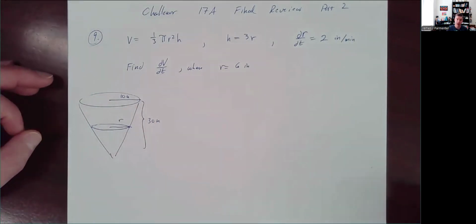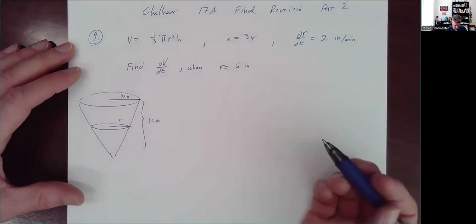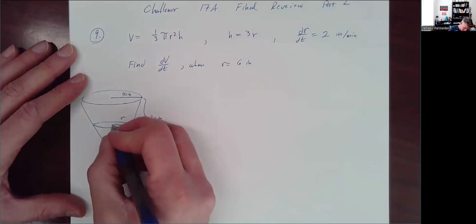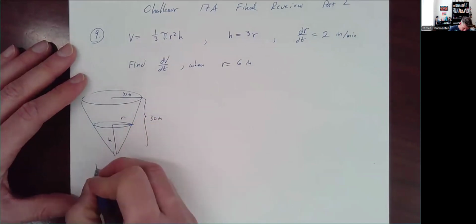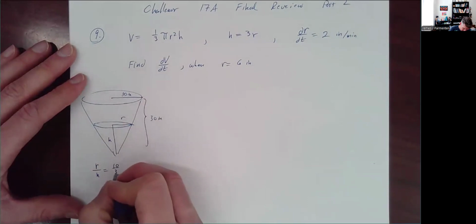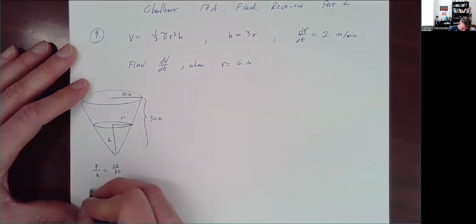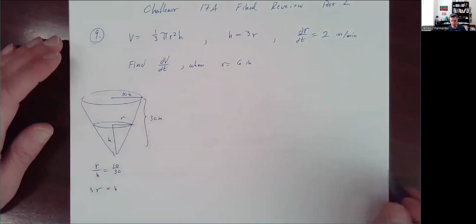And they're asking how fast is the volume of the water in the cone changing when the radius is 6 inches. So you say the radius to the height is equal to the radius to the height. So then you exactly get the same relationship that h is equal to 3r. And then you can do the same sort of thing.